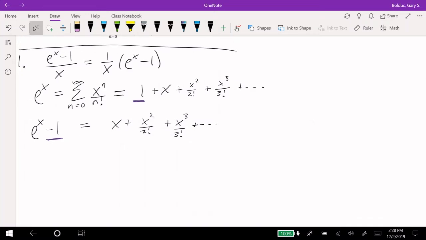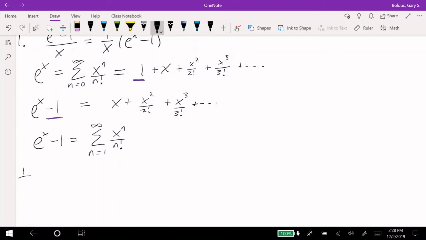And so basically all we did was we just took away the first term. So we could rewrite this as n equals 1 to infinity x to the n over n factorial, because all we did was remove the first term. So that's perfectly fine, we can leave it that way.